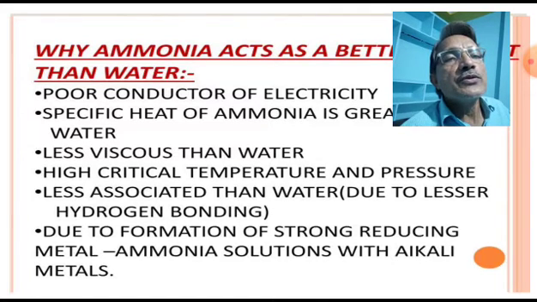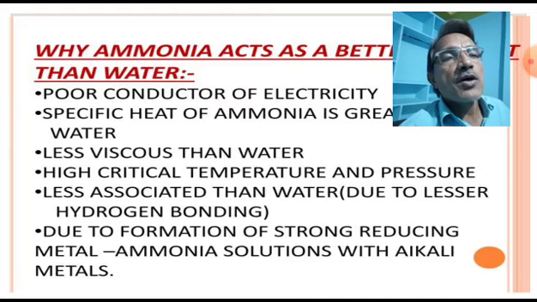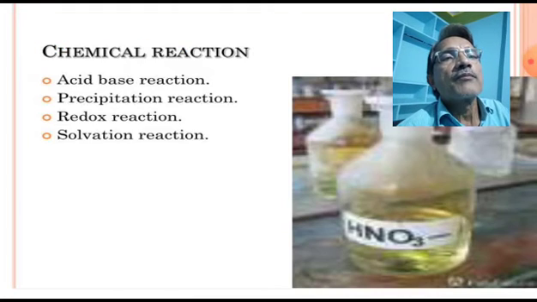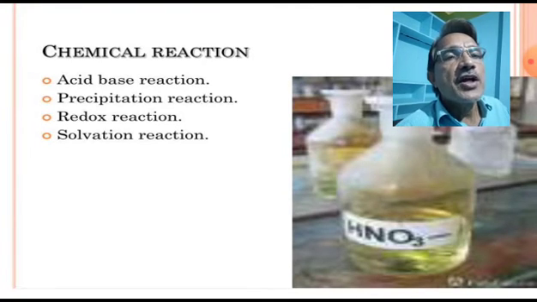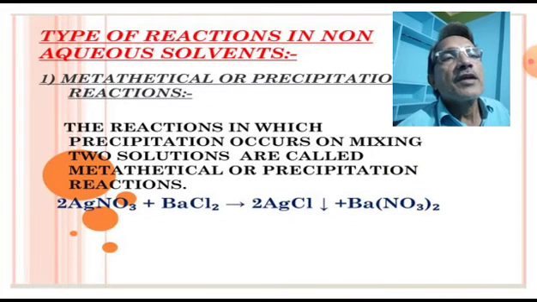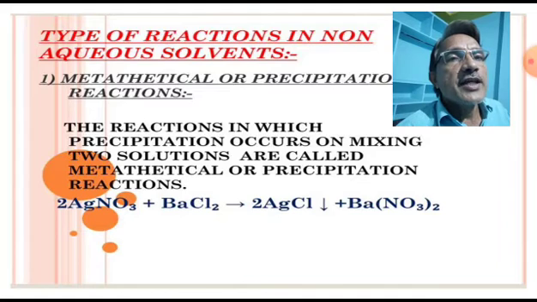So due to these reasons, ammonia acts as a better solvent than water. Now, chemical reactions: acid-base reactions, precipitation reactions, redox reactions, solvation reactions. Types of reactions in non-aqueous solvents.